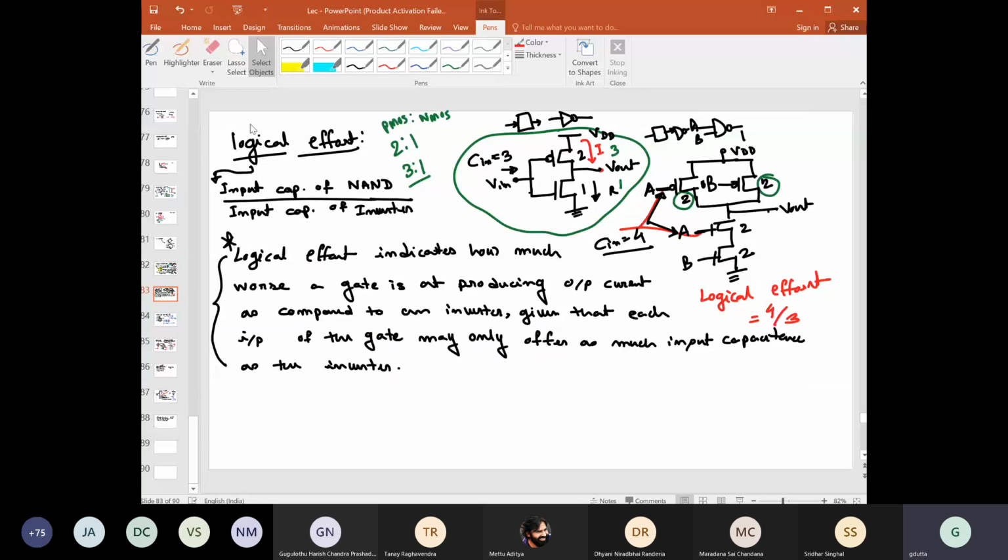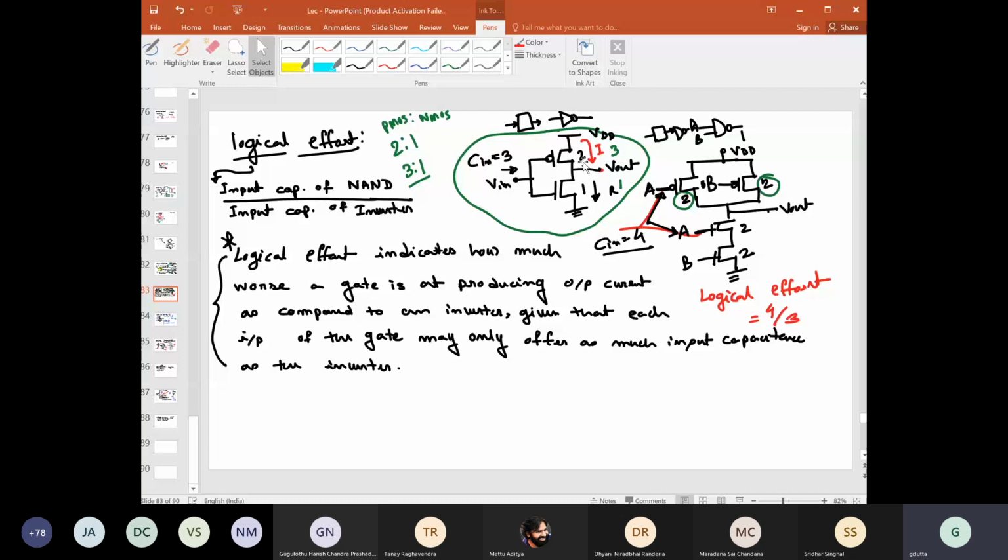Regarding the logical effort, we have also discussed quite a lot about estimating it for different gates compared to that of an inverter. In this context, we mentioned that if in a particular technology node the PMOS to NMOS ratio is 2:1, then we have a logical effort of 4/3 for the two input NAND gate.